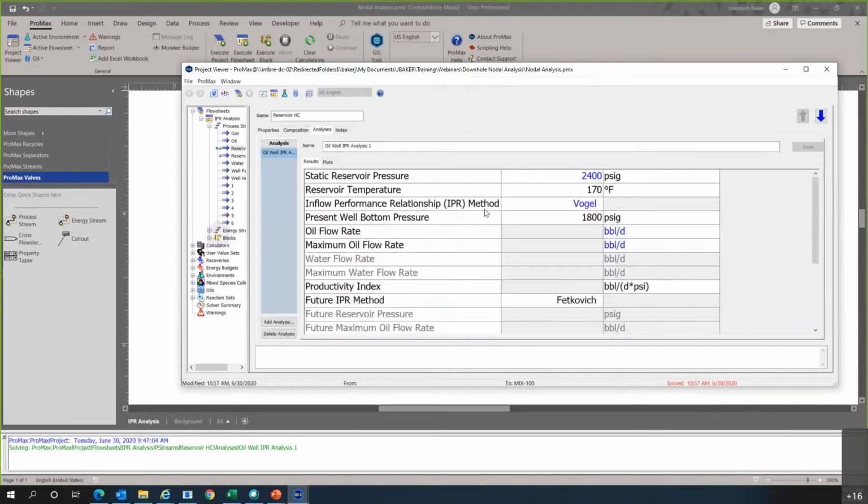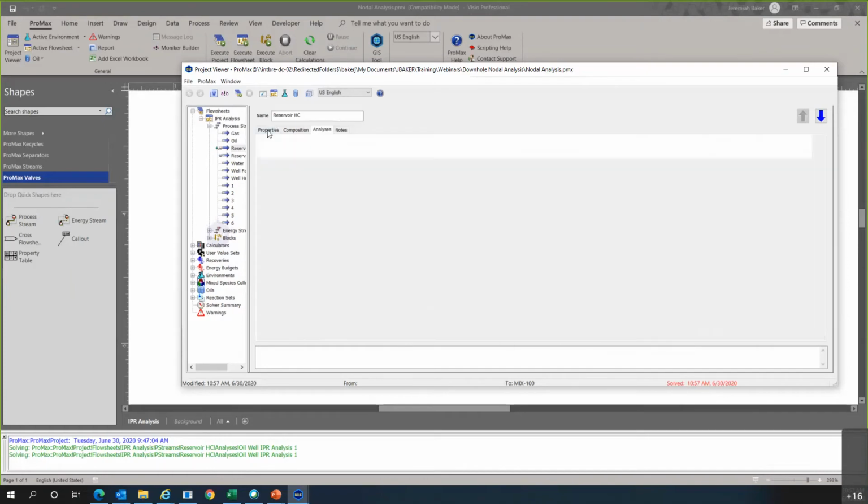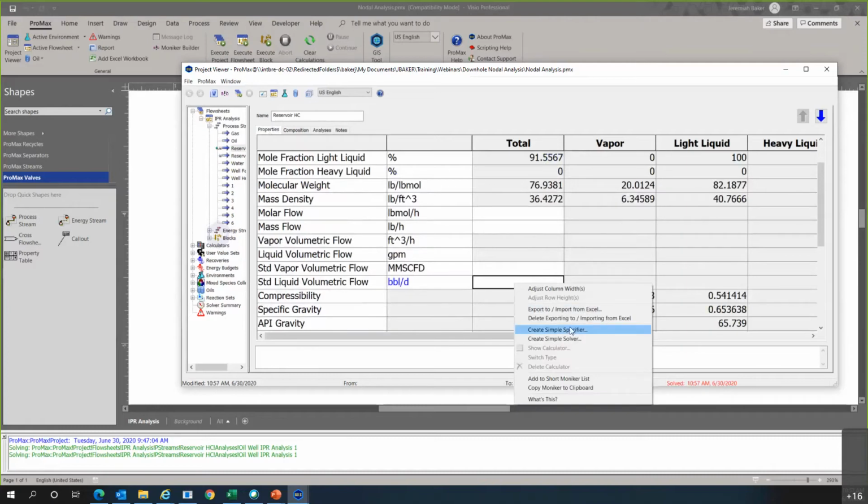You'll see that will flow into our analysis, or rather it'll be given the pressure from the stream. And then once this is solved, I can take this oil flow rate and directly put that into the flow rate of the stream. So I'm going to right click and add that moniker to my clipboard. I'm going to create what's called a simple specifier in ProMax to do this. The goal here is not to show you how these specifier solvers work, so I'm just going to quickly set these up.